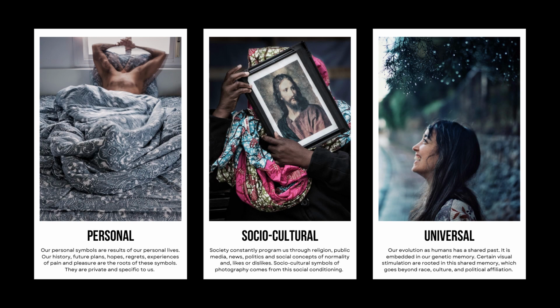These personal symbols are very private to us. They have roots in our private personal life, individual life. So these symbols can be used in photography the same way sociocultural symbols are, when we derive our understanding of the outer world through our sociocultural political environment.